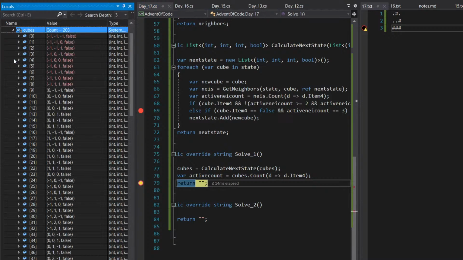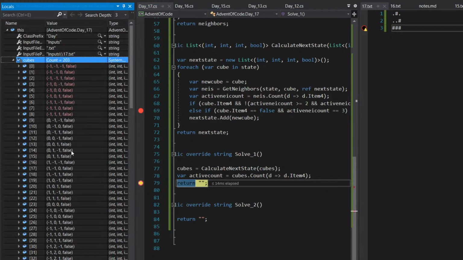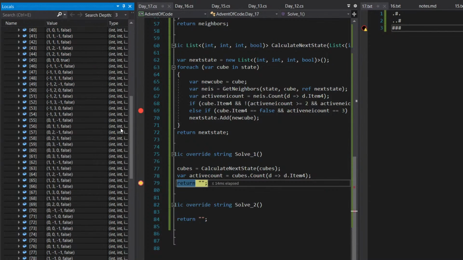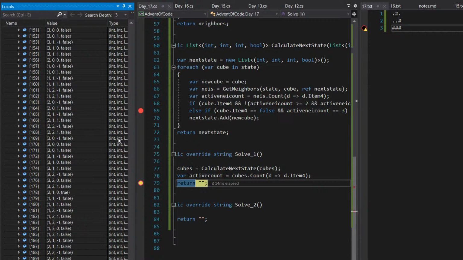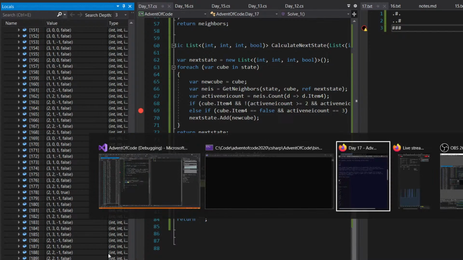Active count is 4. So everything became false. No. Two, 2, 0.